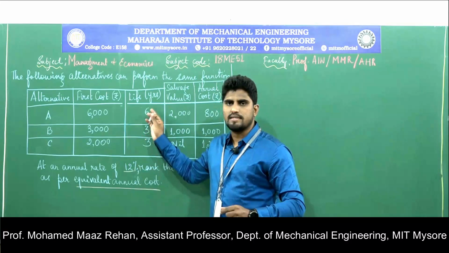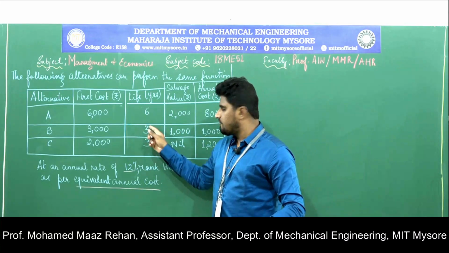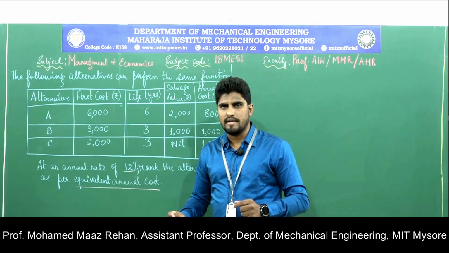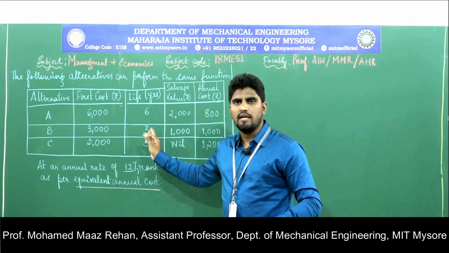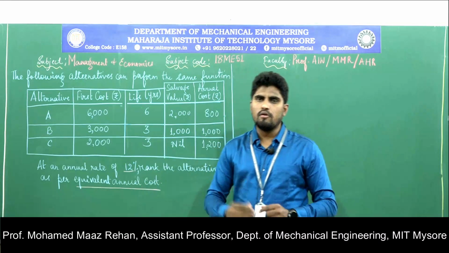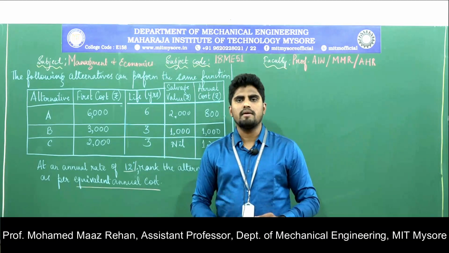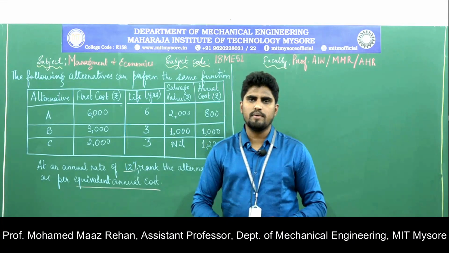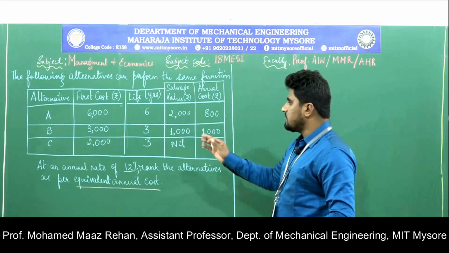So the LCM of 6 and 3 is 6. So for alternative B, you have to make 2 cash flow diagrams, right? Here you can directly take 3 in annual equivalent worth. If you go for the LCM method considering annual equivalent worth, you will get the same answer. So no need to proceed with the LCM method in such cases. Fine, we shall try to solve this.